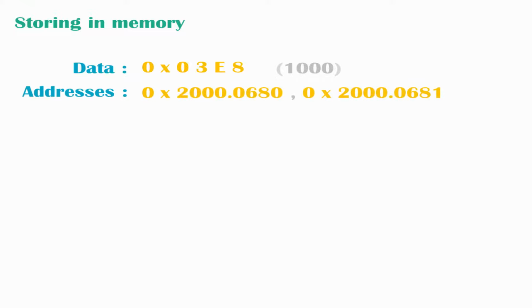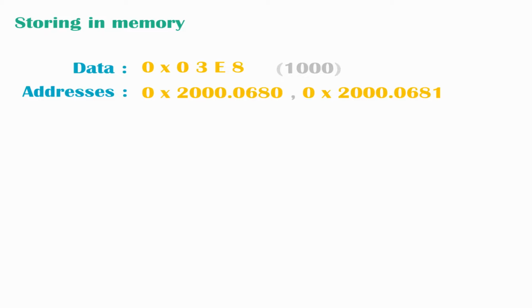So let's look at an example. Let's say we want to store the same value 0x03E8 in memory, and as we said, it's 1000. Let's say we want to place them in these addresses 0x2000.0680 and 0x2000.0681.